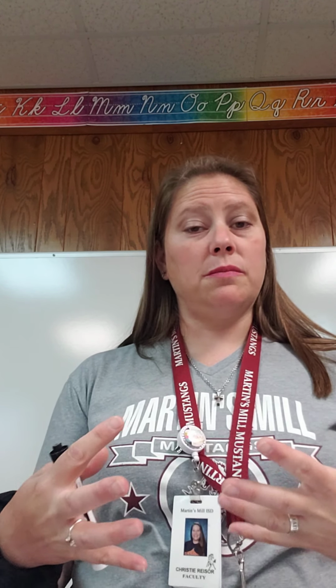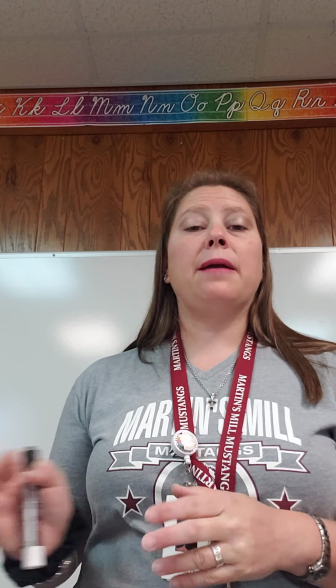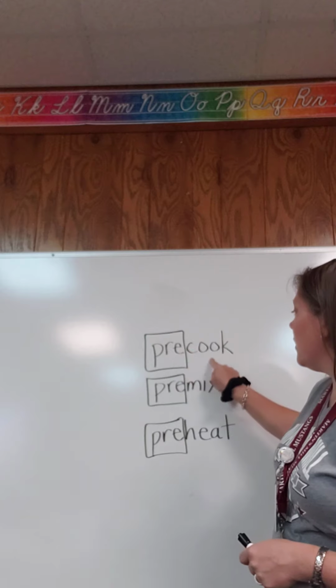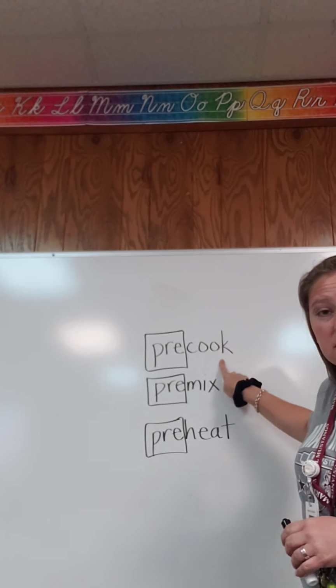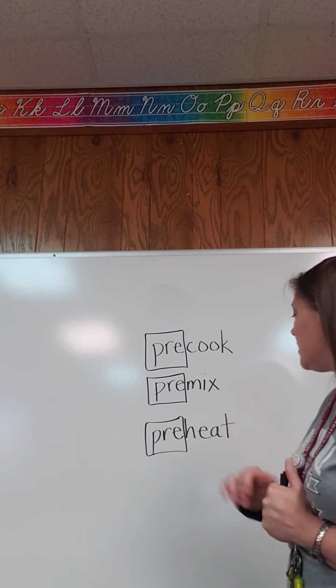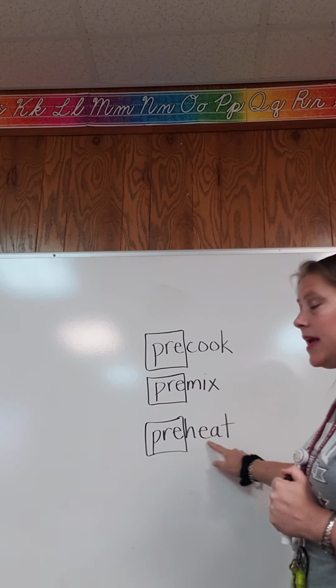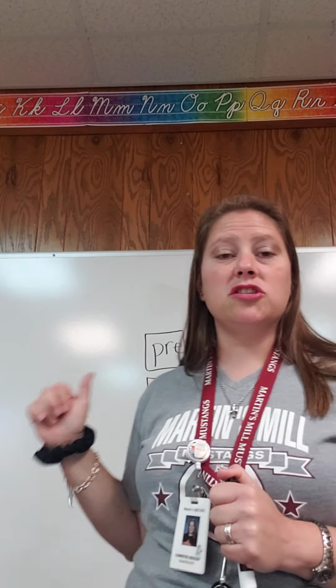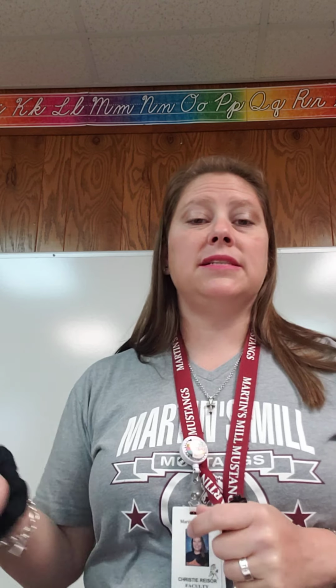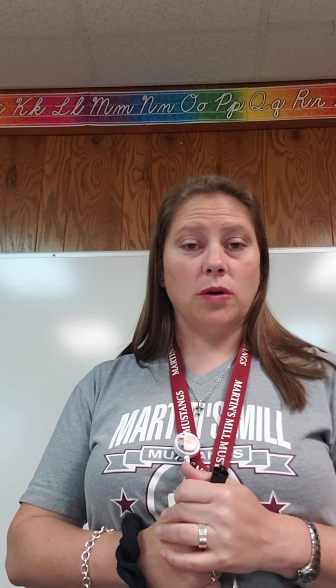That's how you determine whether you are dealing with a prefix or a suffix. So if we take a look at precook and we pull pre off, cook is left behind. If we take off pre, mix is left behind. If we take off pre here, heat is left behind. So each of those have a root word or a base word that are left behind, which indicates that pre is indeed a prefix on each of these words.